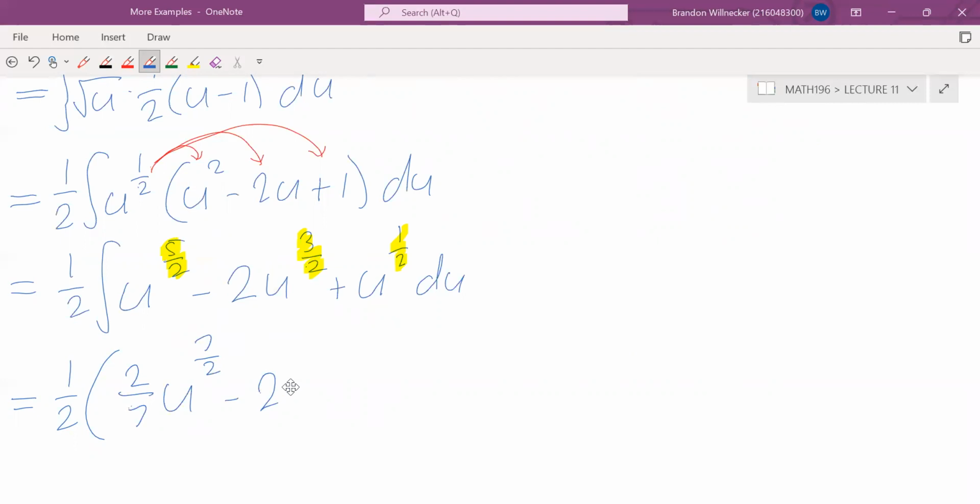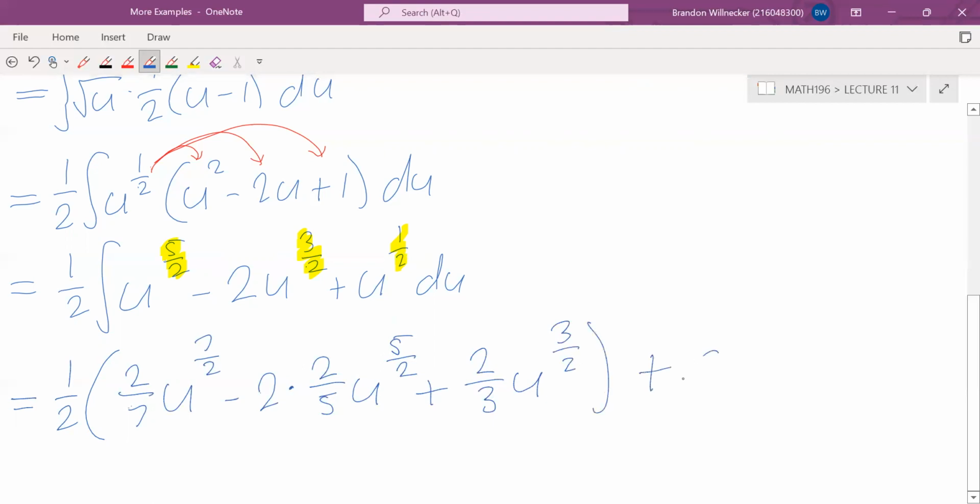We're going to add 1 to the exponent, so this will become u to the 5/2, but we need to divide by that, so we get 2/5 u to the 5/2. And lastly, we add 1 to the exponent to make it 3/2. Divide by that, we're going to get 2/3 u to the 3/2. And don't forget your plus c. Okay, so now we've done our integral in terms of u.